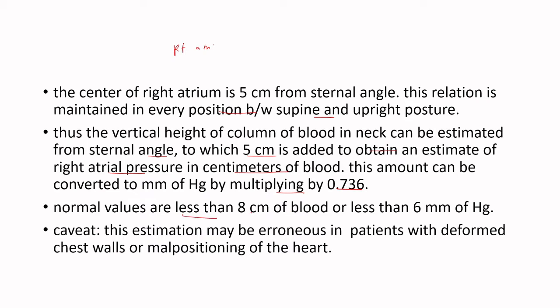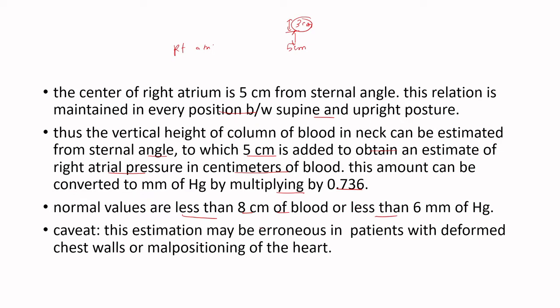Normal values are less than 8 centimeter, because I already told you 5 centimeter is the center of the right atrium from the external angle, and above that about 3 centimeter from the external angle to the JVP is normal. So the normal value is less than 8 centimeter of blood or less than 6 mmHg.